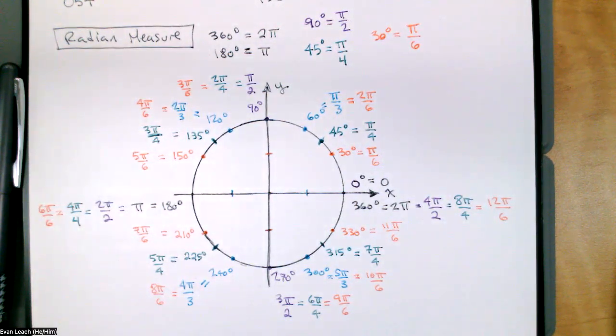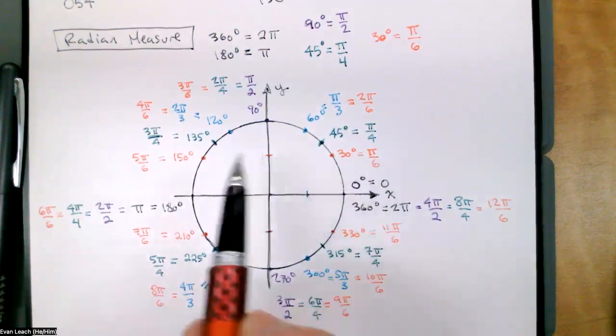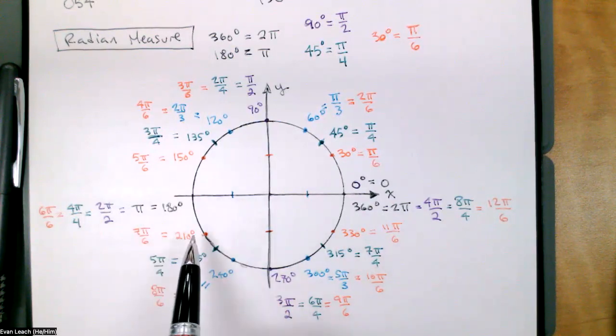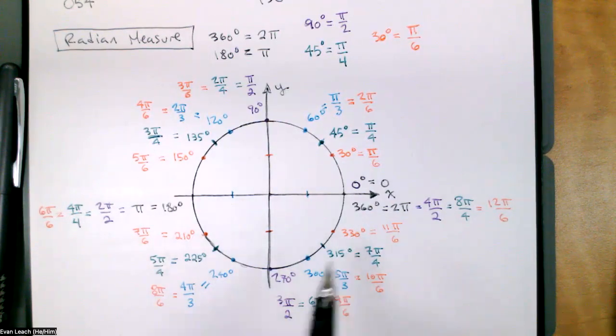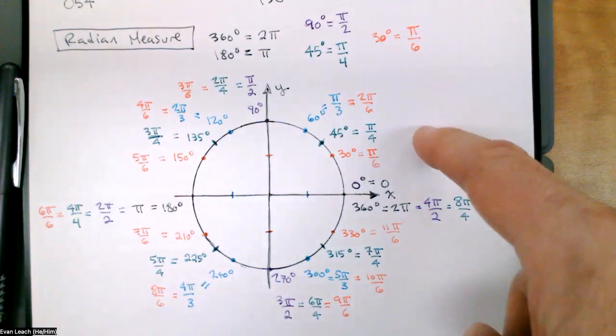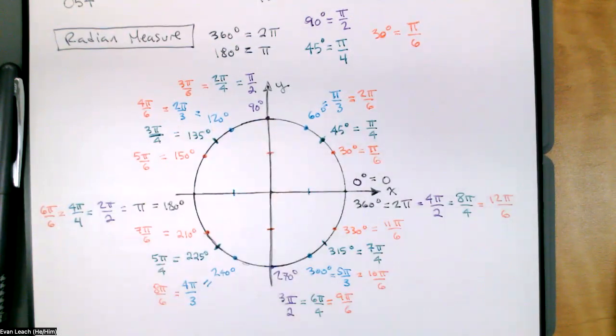Notice that there are only 4 that stayed pi over 6: 1 pi over 6, 5 pi over 6, 7 pi over 6, and 11 pi over 6. So if we have an integer times pi over 6, that's telling us a 30-degree reference angle. If we have an integer times pi over 4, that's telling us a 45-degree reference angle.